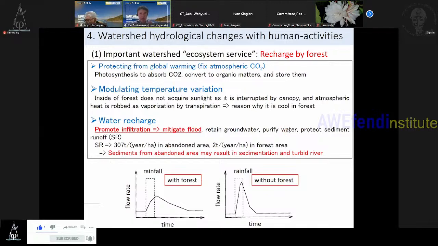So water quality is kept high if the forest exists. And also the forest has a function to protect against sediment runoff. So according to literature, the sediment runoff is kept small in forest area, while the sediment runoff is like 150 times larger for barren area.